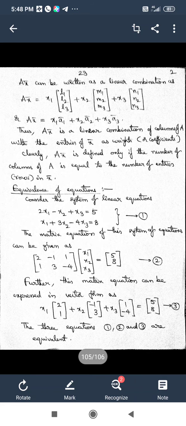These 3 equations 1, 2 and 3 are equivalent, meaning they are one and the same.